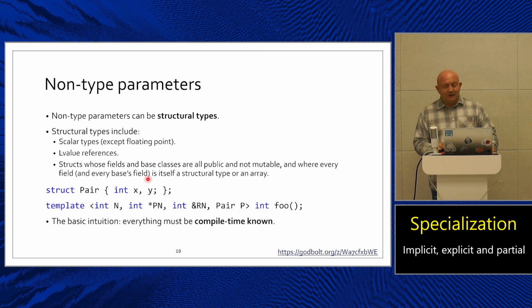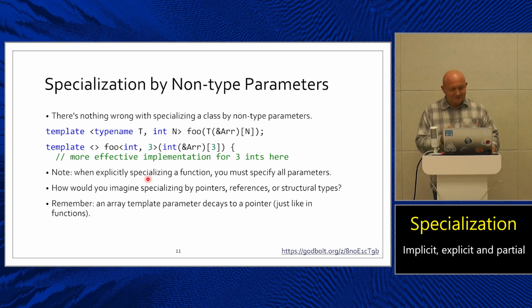Okay, and what do you think? Can you perform template specialization based on these non-type template parameters? And yes, definitely, you absolutely can specialize using non-type parameters. In fact, it's very useful. Look at this example.